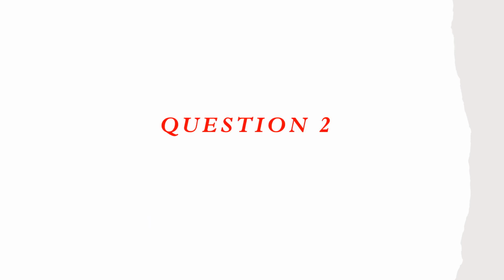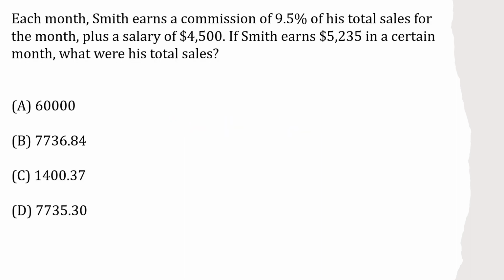Now let's move to question 2. In this question, one person, his name is Mr. Smith, earns a commission of 9.5% of his total sales for the month, plus a salary of $4,500, which is actually his basic salary.